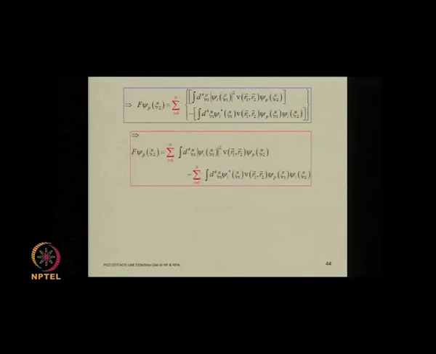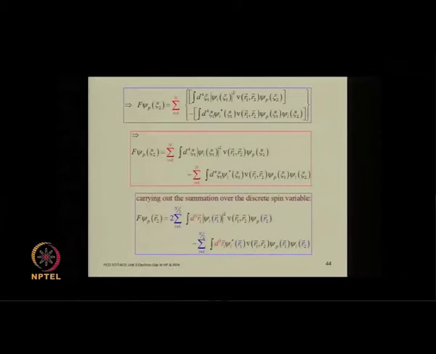So, now once again we rewrite them as two separate terms, and you will see why. So, now we carry out the summation over the discrete spin variables. So, this is d4 xi1, this is d4 xi1 as well, which means that it includes the discrete summation over the spin variable. We carry out this discrete summation explicitly as before.